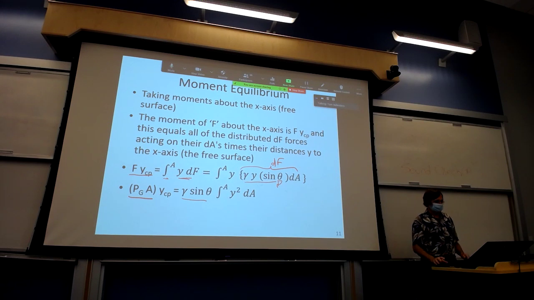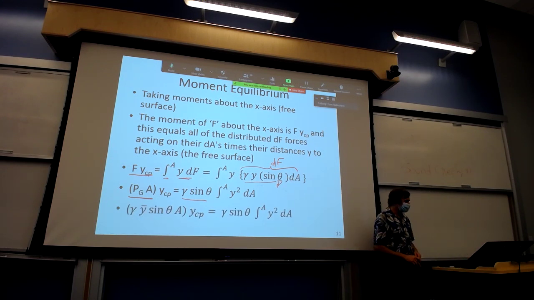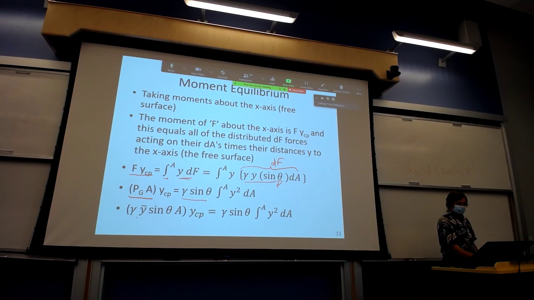So the first thing you recognize is further, we can expand pG. pG is the pressure acting at the center of area. And pG, again, as we identified before, is the specific weight of the fluid times y sine theta, which is h bar, the depth of submergence of the center of area.